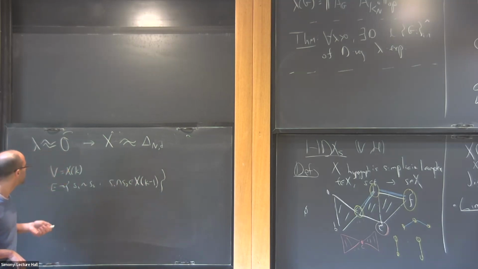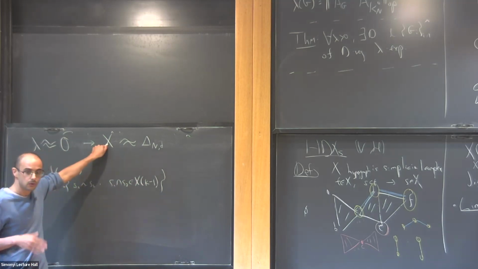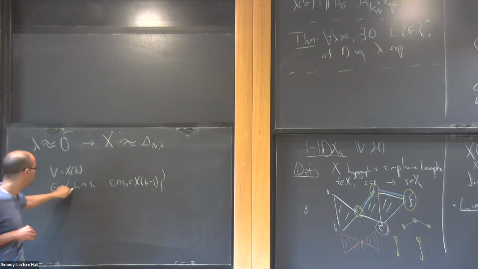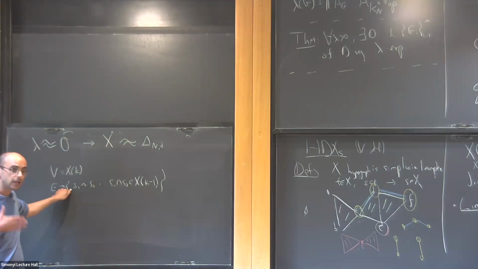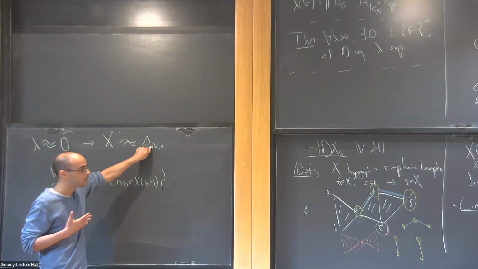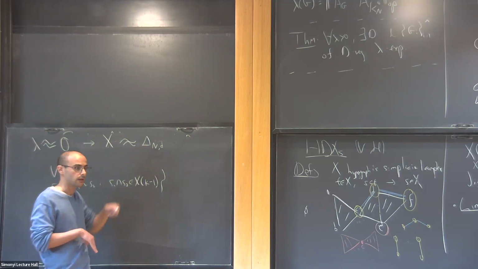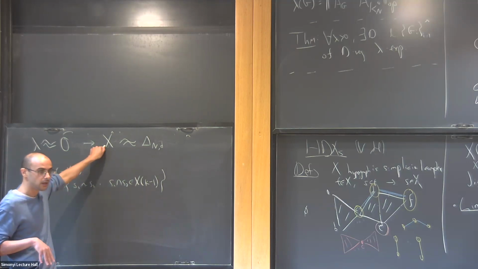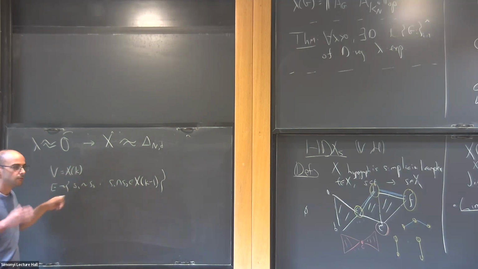It turns out that if X is a sufficiently good high dimensional expander, then the spectrum of this walk in X, and in particular the second largest eigenvalue, will be very close to the spectrum here. In particular, this walk will mix fast if you take a high dimensional expander, provided that this K is not too large.